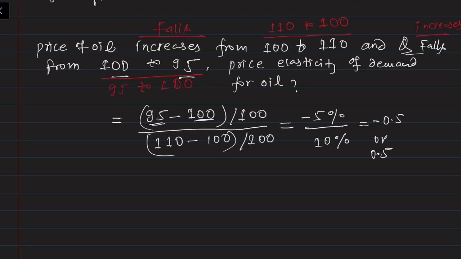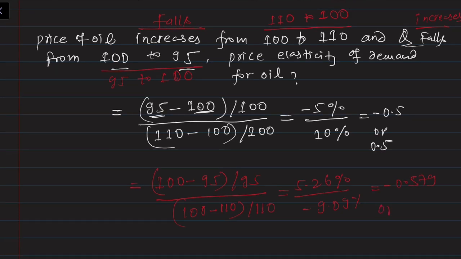So in this case, we can calculate the percentage change in quantity demanded as 100 minus 110 divided by 110, and this gives us 5.26% divided by minus 9.09%, and this is 0.579, or in absolute terms we can write 0.579.